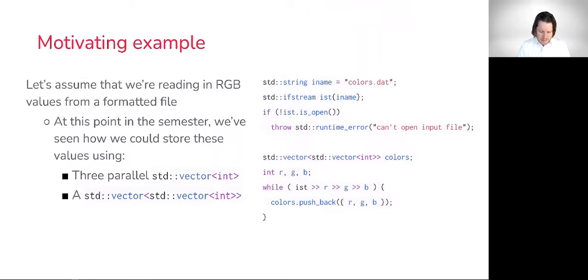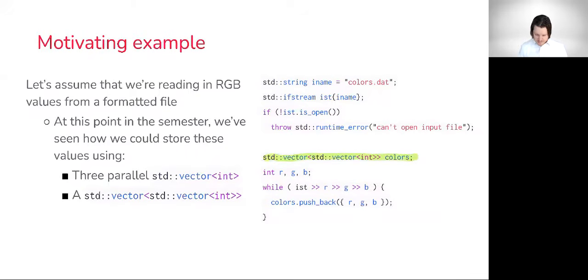An alternative way might be to go ahead and create a two-dimensional vector. This gets a little confusing because we're not actually labeling the slots with where these colors are residing. For instance, let's go ahead, same process. We're reading a triplet of integer values from a file, and using the two-dimensional vector colors, what we could do is simply push back a vector of those RGB values to that two-dimensional vector of colors.